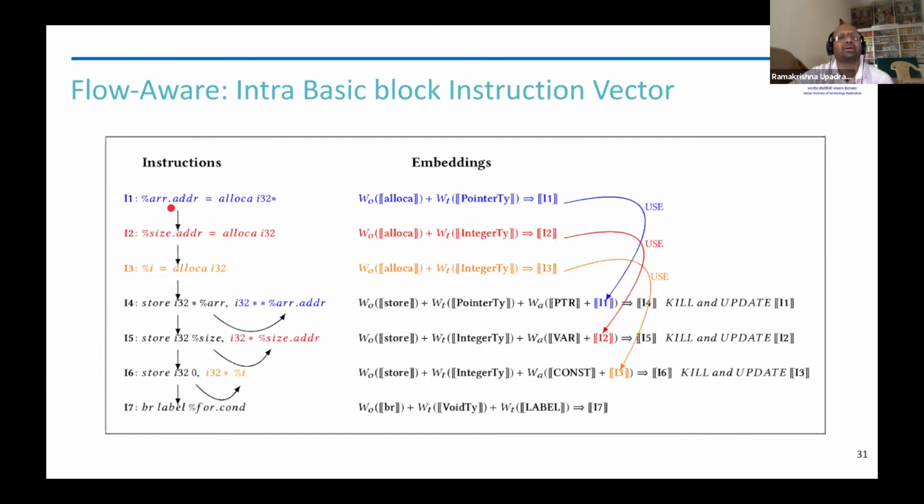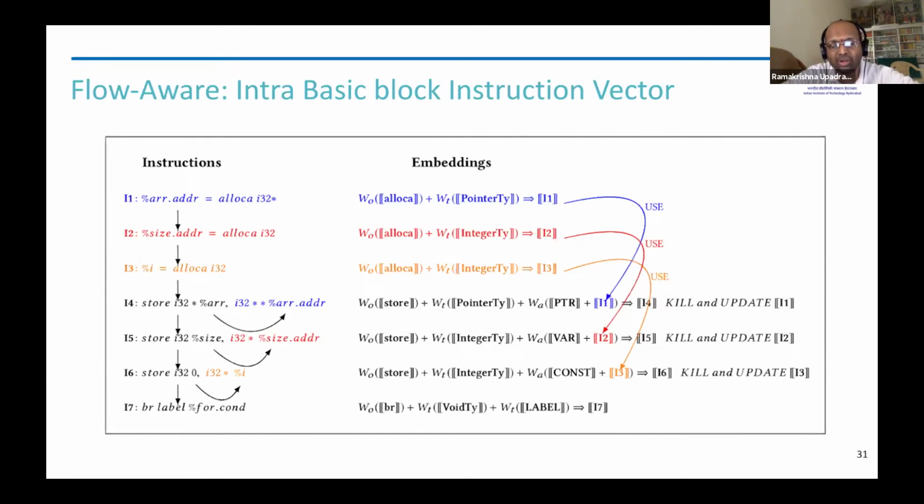You can have a variable which is assigned here, and some other instructions, etc. So very straightforwardly, you can construct the embeddings for each instruction. If you do that, you are in a comparable position to the NCC encoding, not really the same, but in a similar manner.